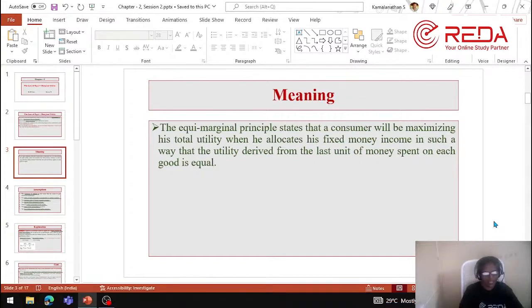If the two commodities give two different levels of satisfaction to the consumer, what has the consumer to do to equalize the satisfaction level in purchasing the two commodities? This is the main important concept given by Marshall.